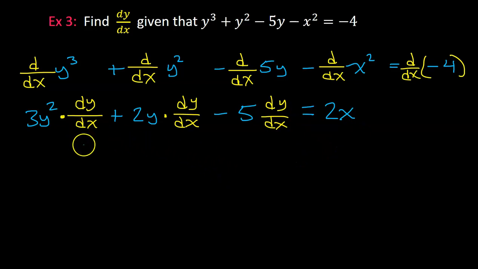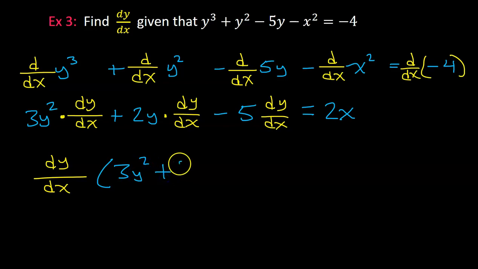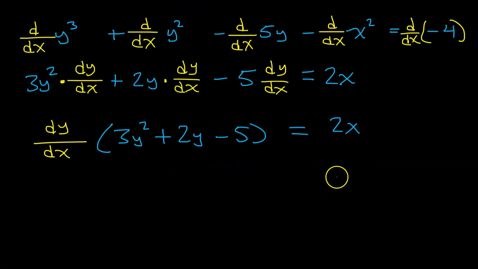The next step is to factor out the dy dx as a GCF. So I'm going to go ahead and put the dy dx out in the front, and that's going to leave the blue stuff. So I'm going to have 3y squared plus 2y minus 5 is equal to 2x.